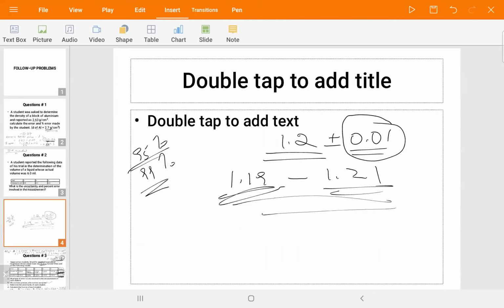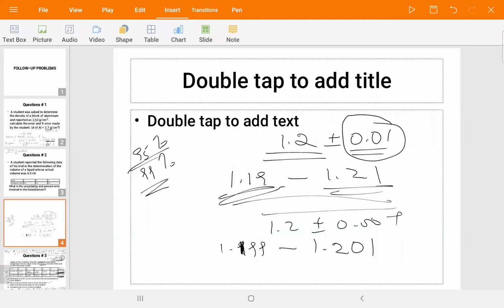This is what uncertainty means. So the smaller the uncertainty, the more precise. For example, if I write 1.2 plus or minus 0.001, what does it mean? It means between 1.199 and 1.201. You see, the more significant figures we have, the more precise.